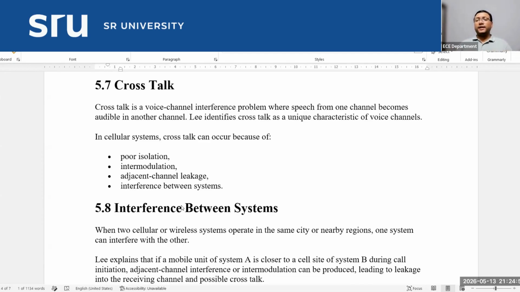Whenever we are communicating through different channels, there should be some separation or isolation between the designated bands. If the communication happens in such a way that there is poor isolation in the system, then crosstalk will occur. Suppose two cables are carrying signals.